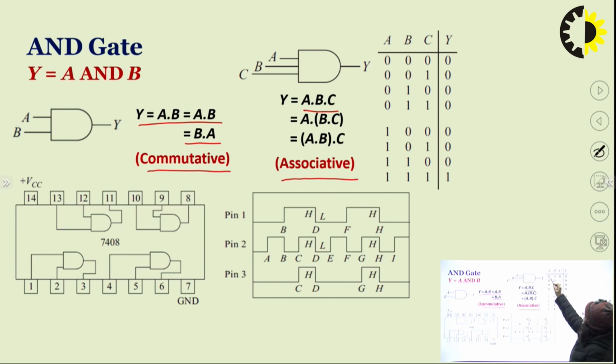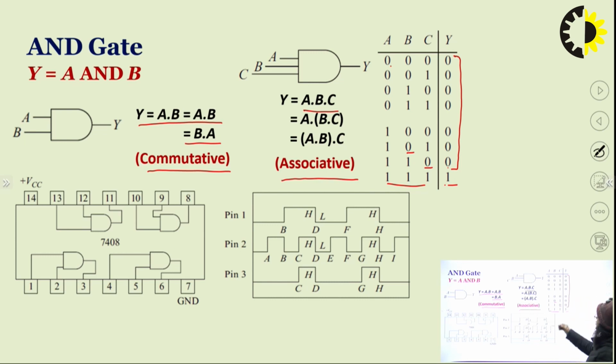So, we write all the 8 combinations, 0 0 0 to 1 1 1. For all except the last combination, any one of the inputs is 0, so output is 0, and for the last combination all the inputs are 1, so output is 1.